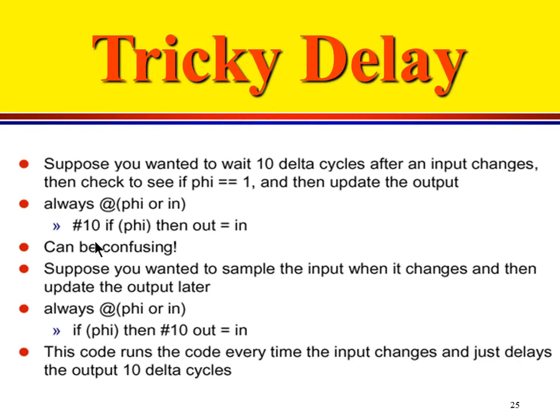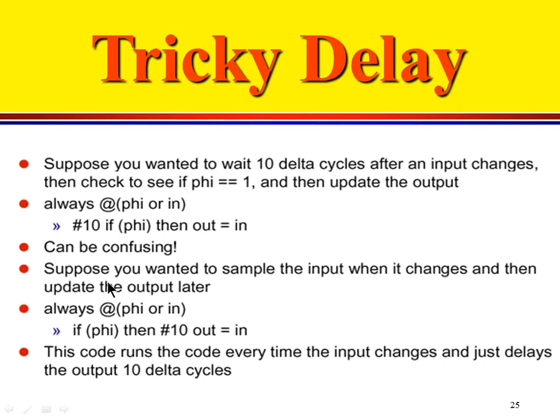Depending on the delay and the signal that you are working with, this might change in case phi is going high after some time. If I say phi is 1 after 10 nanoseconds, then this 10 plus this 10 will give me a 20 nanosecond delay here, in case phi is going to get a delayed update.